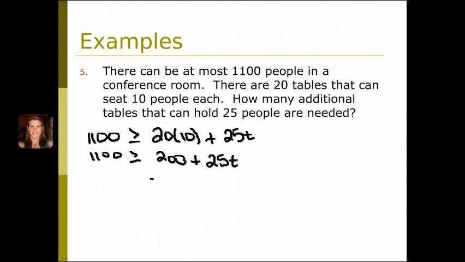Subtract 200 from both sides. And you have 900 is greater than or equal to 25t. Divide both sides by 25.